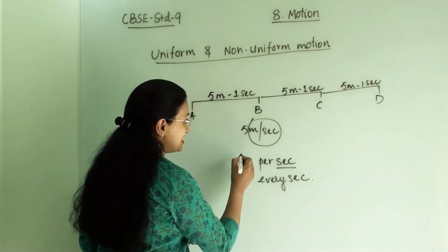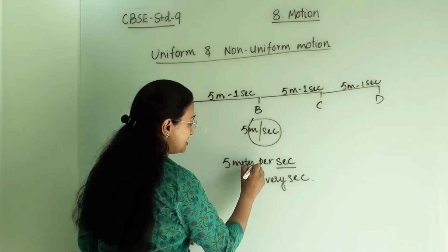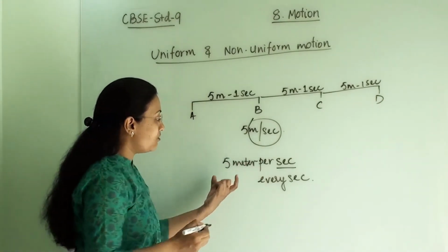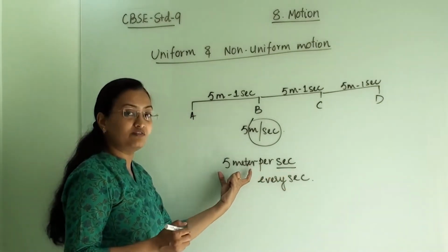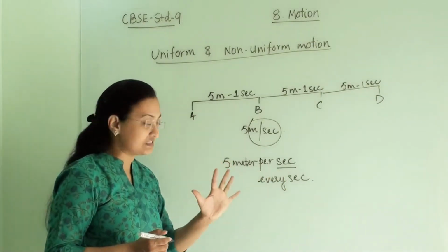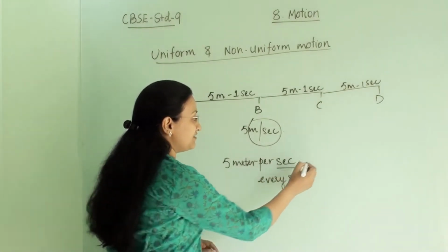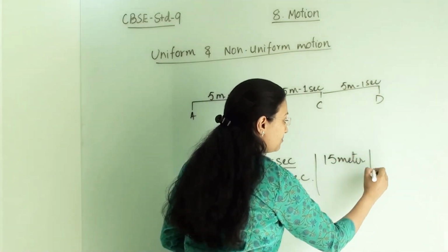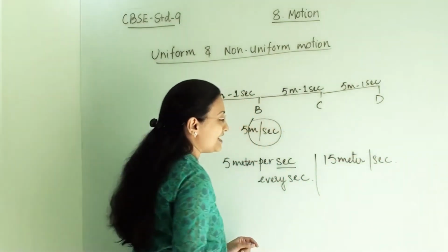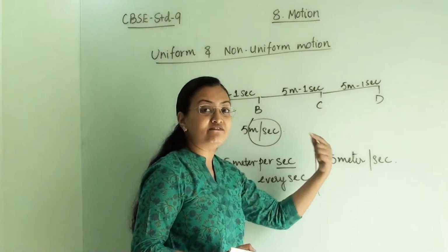So when I am writing 5 meters per second, that means the object is traveling 5 meters per second. So it is covering 5 meters of distance every second. Now if I write 15 meters per second, that means the object is covering 15 meters in every second.